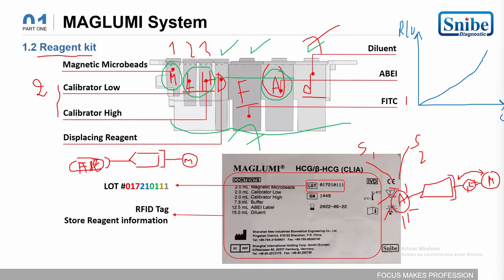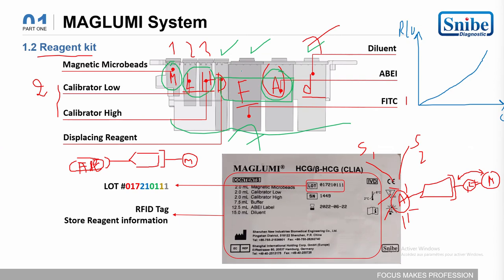On the side of the reagent kit, we have a chip to be scanned with the RFID reader, containing all the information about the reagent: the master curve, the unit, the expiration date, the lot number, and so on.